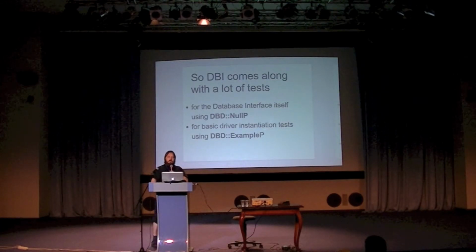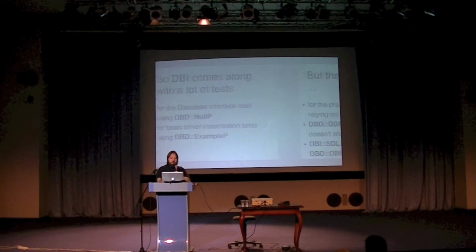It's not for production use because it cannot do anything besides verifying that the DBI interface itself works, or even not. Then we have an example DBD. That's a kind of hierarchical driver, and it's used to see if a basic query delivers an answer.